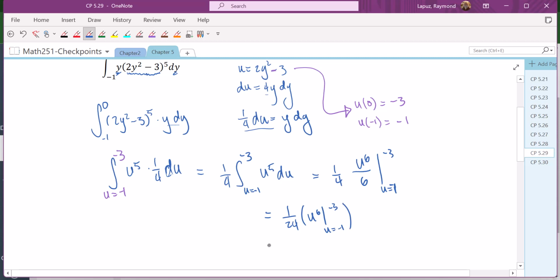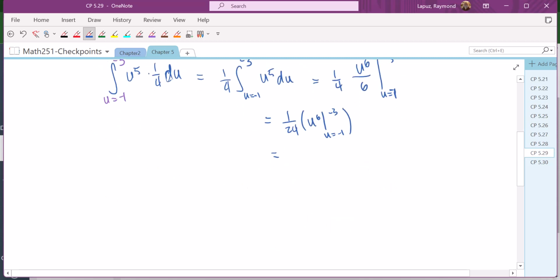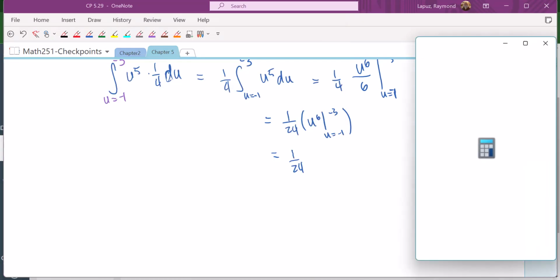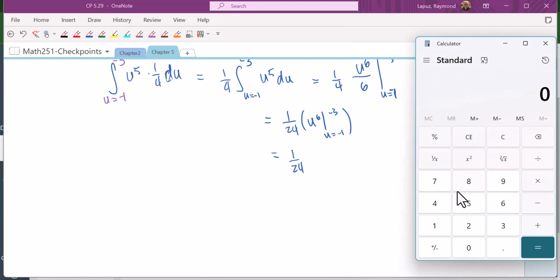So 1/24, let's take the calculator out and figure out what 3 to the 6th power is.